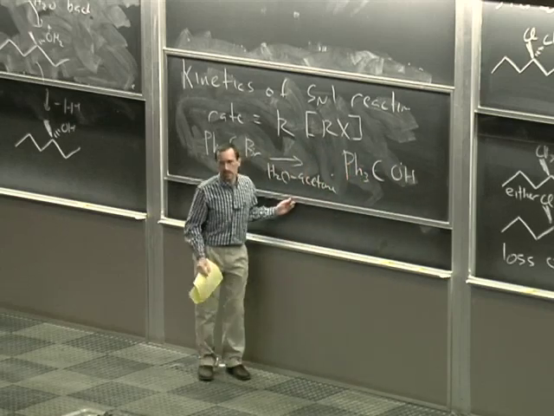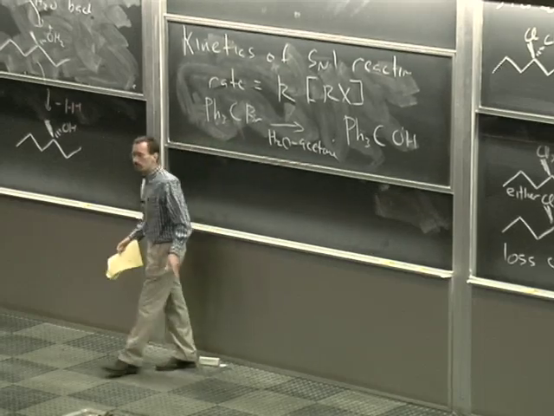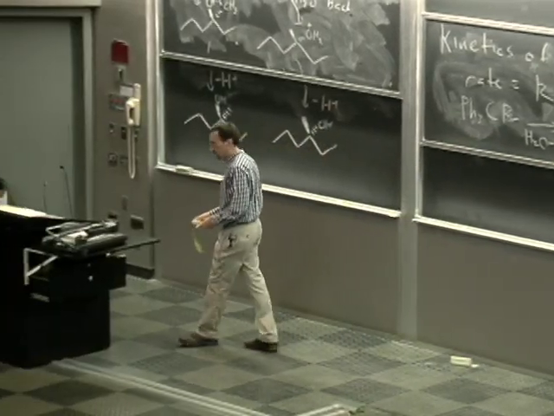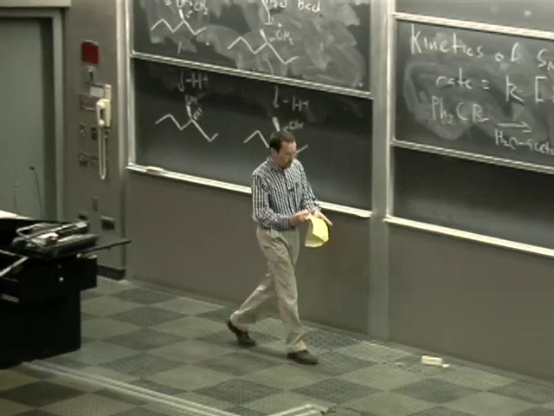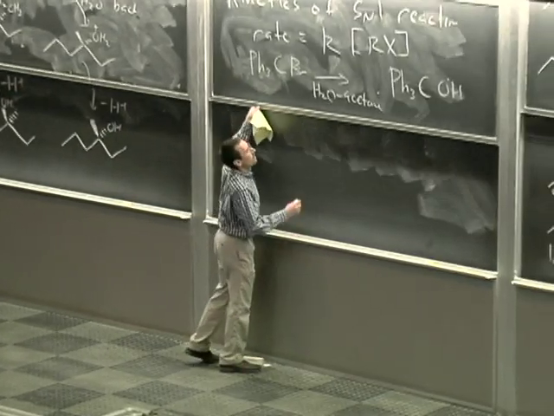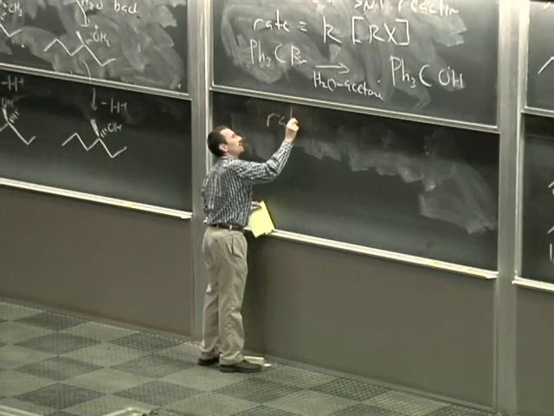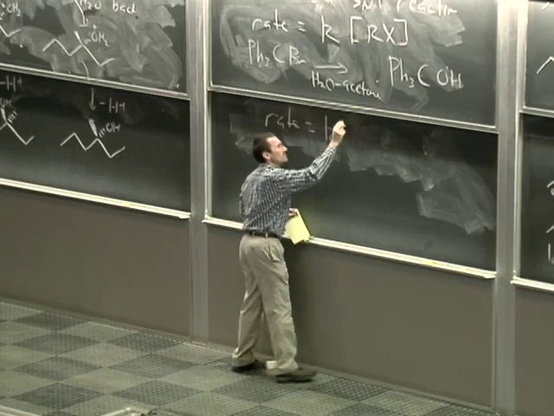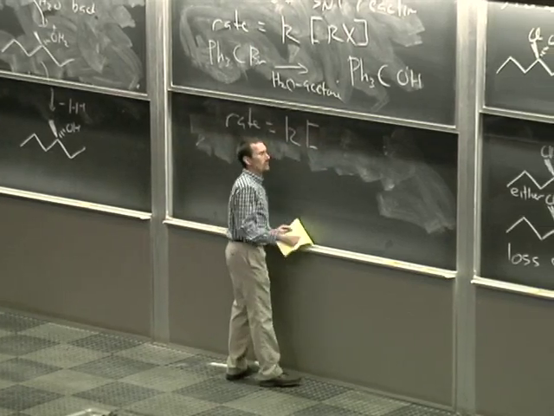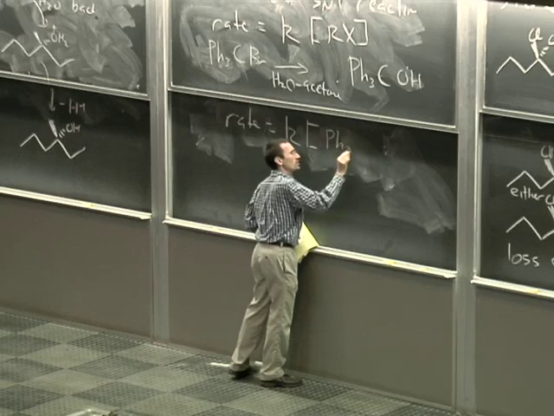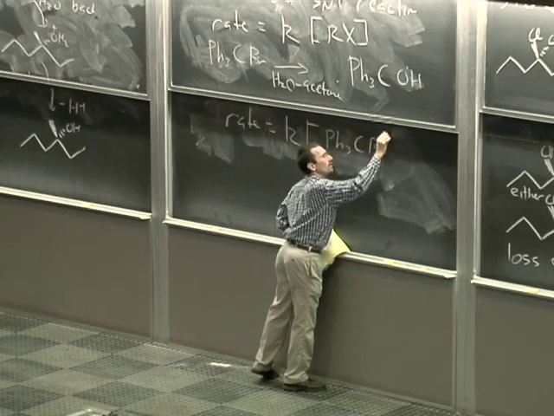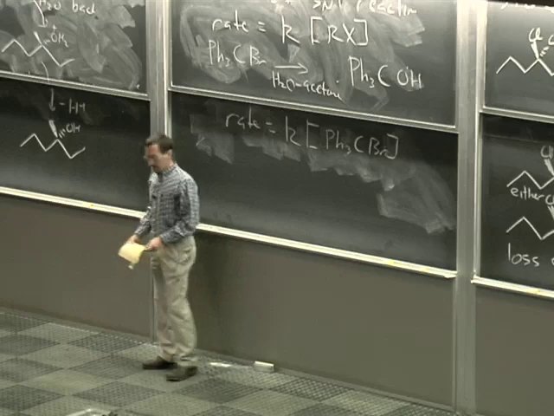Same example, very similar to the example I used when we introduced SN1 reactions with cyanide. So in this particular example, our rate is going to be directly proportional to the concentration of bromo-triphenylmethane.